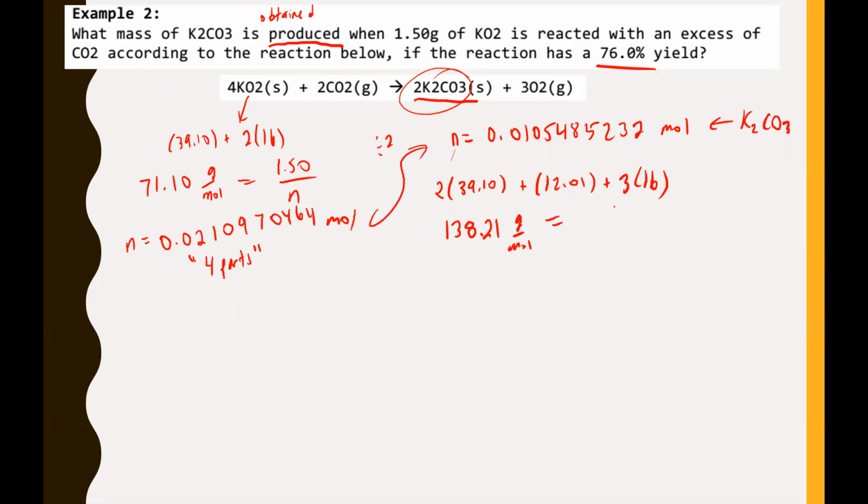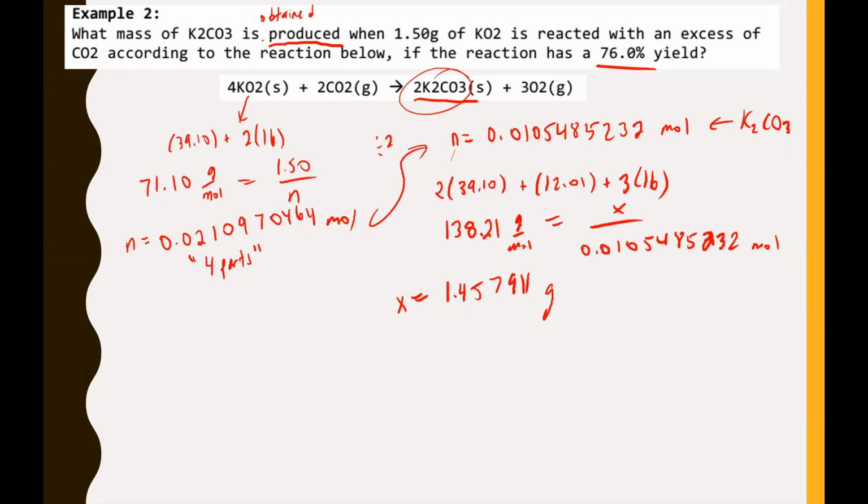And that's going to equal some number of grams over our number of moles, which is 0.0105485232 moles. Multiply that over. Super interesting stuff, I totally understand, guys. If you multiply that over, though, you're going to get x is equal to 1.457911 grams.